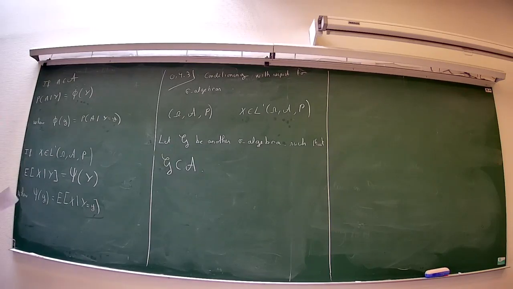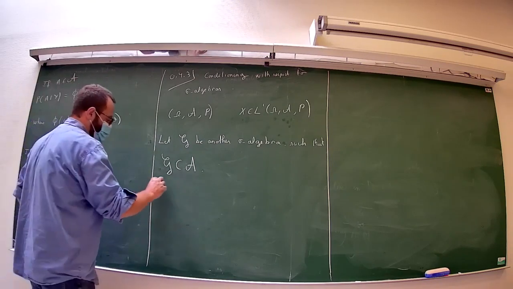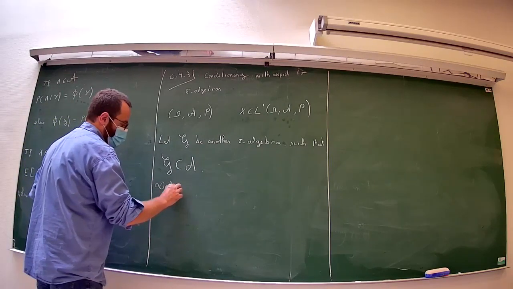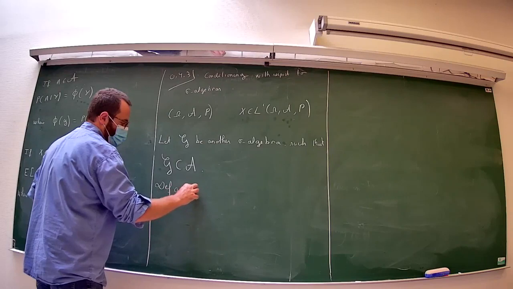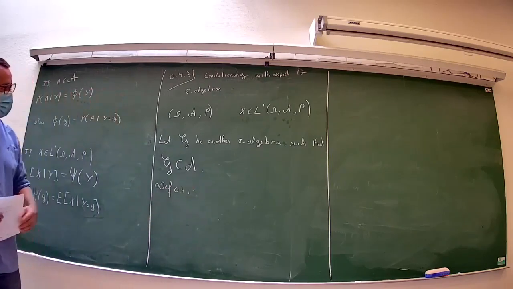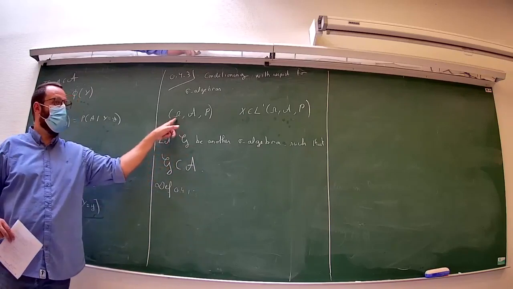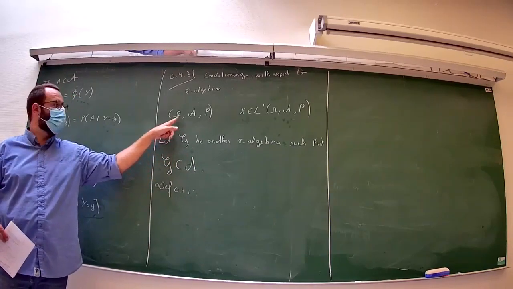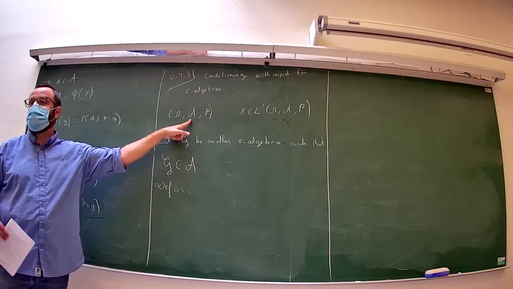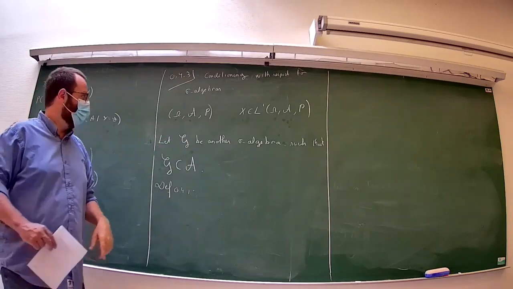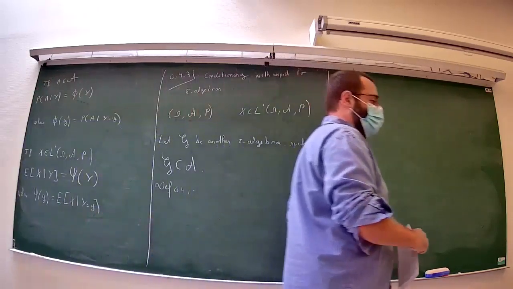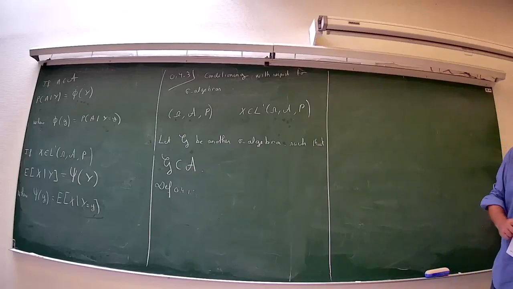Now, just a remark before I give you the definition of what is the conditional expectation of X given a sigma algebra. You remember that I will use capital letters for sets, calligraphic letters for sigma algebras, and lowercase letters for events in general, okay?